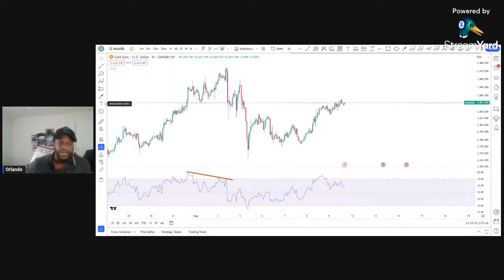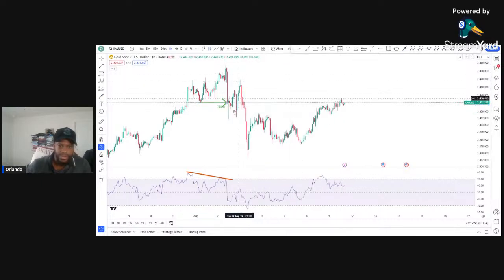I know that every divergence and change of character is automatically a point of interest where the buyers and sellers can come into the market, right? So it seems to me that this particular divergence and change of character of price has already been mitigated.